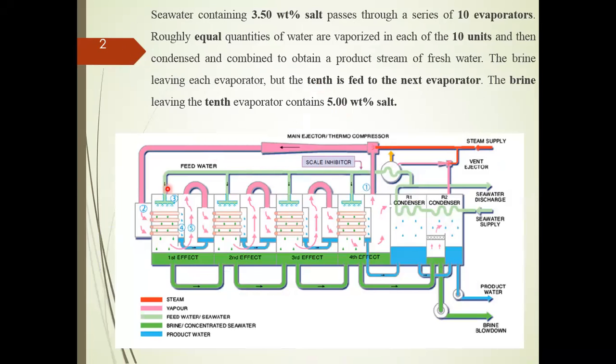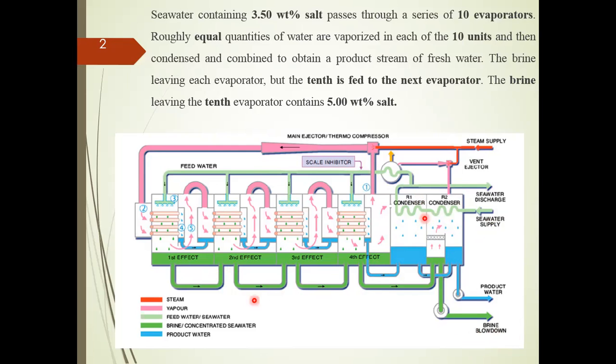Let me explain this diagram according to the problem given above. Here, this is a multiple effect evaporator. The objective with this diagram is to clean the seawater, which is going to be evaporated in multiple effect evaporators, and make it drinking water and recover the brine from this clean water.